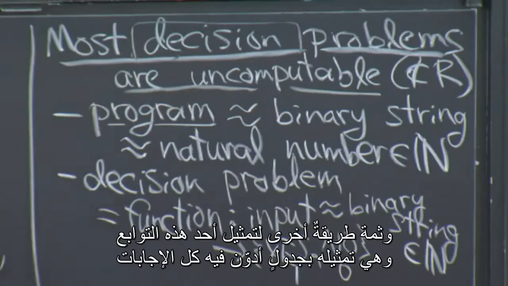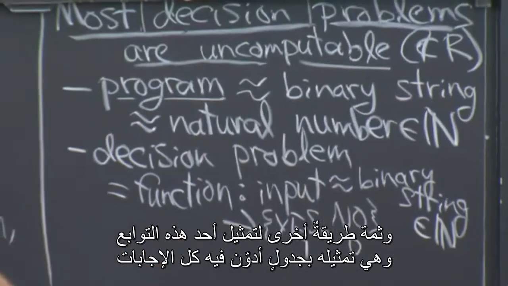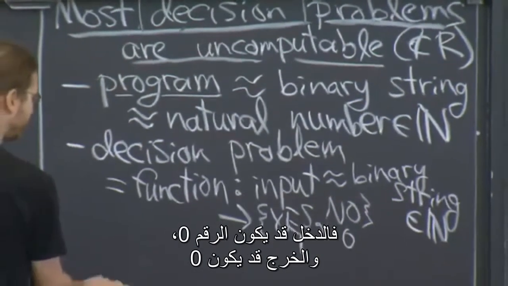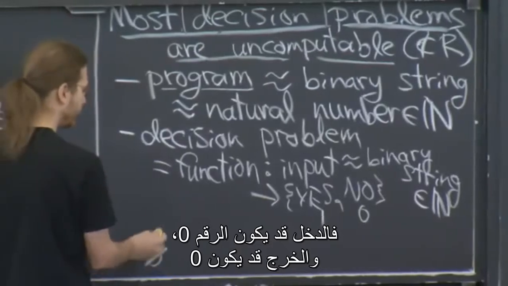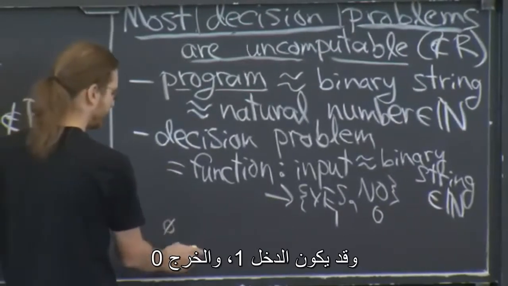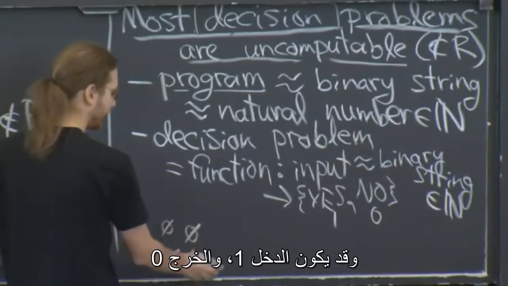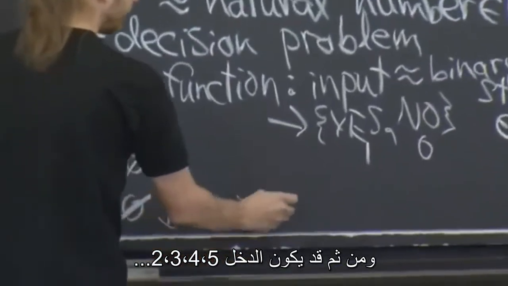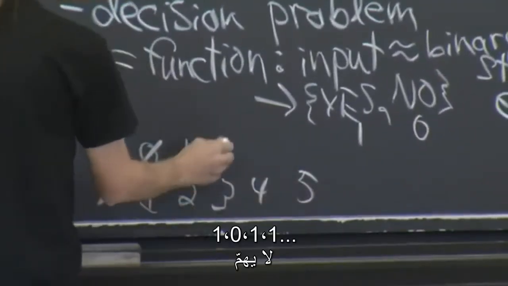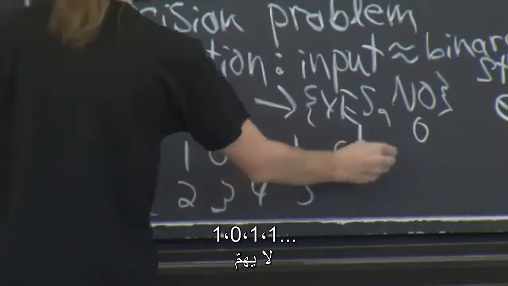Another way to represent one of these functions is as a table, right? I could just write down all the answers. The input could be the number 0, and then maybe the output is 0. The input could be 1, and then maybe the output is 0. Then the input could be 2, 3, 4, 5, and the outputs 1, 0, 1, 1, whatever.